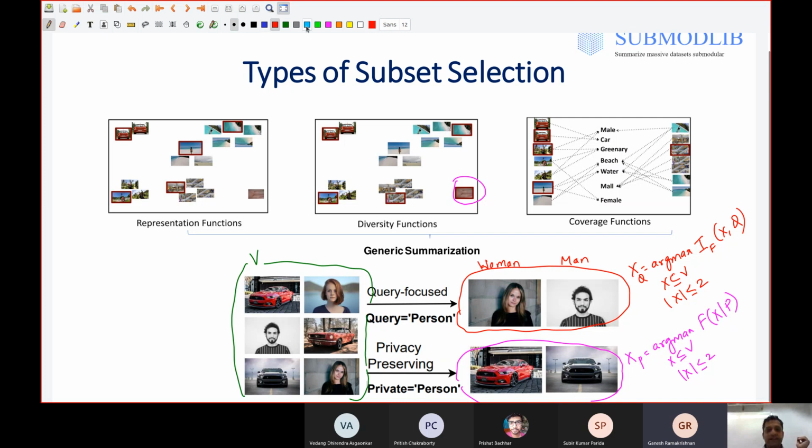Whereas in the second summary, you will find two different colored cars: car 1, which is red and has a side view, and this is a black car with a front view. So it has certainly got diversity.